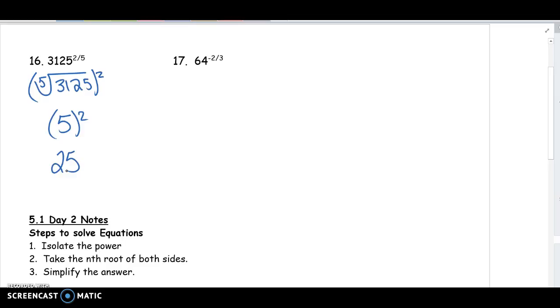Number 17, negative exponent. The first thing you should do when you see that negative exponent is move 64 to the 2/3 to the bottom of the fraction. Then you can change it into radical form.